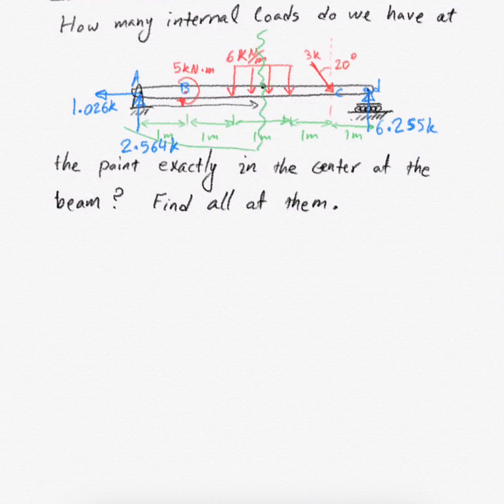Any cut gives me two options, one on the right or one on the left. I choose the one on the right because in this case there is not much of a difference, since in either case you have distributed load and other loads.